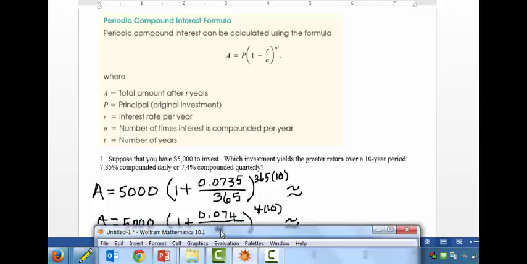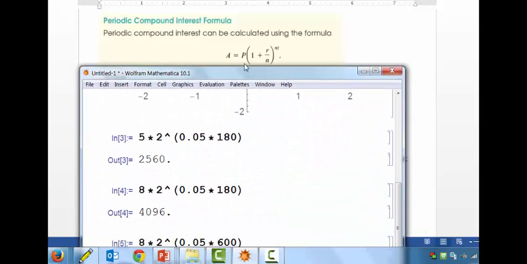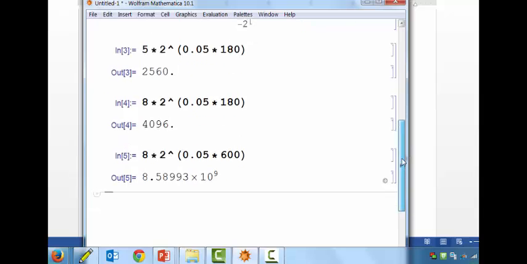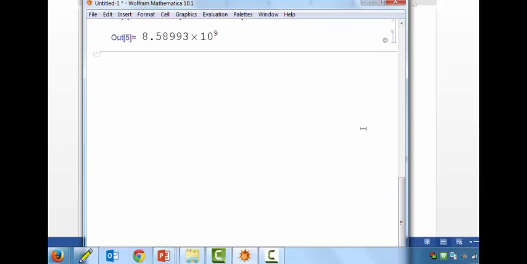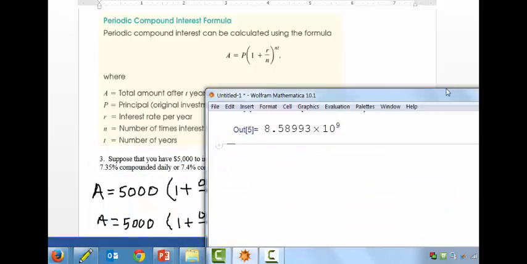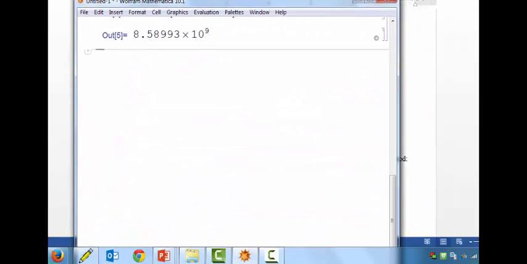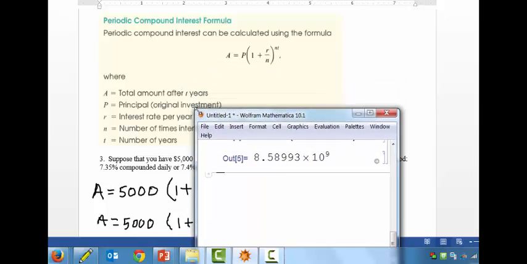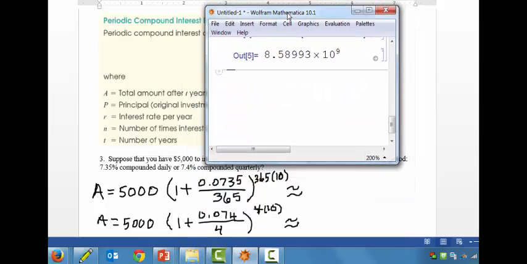Now we're going to run into a problem when we use Mathematica here, and I want to show you what that problem is. So I'm going to plug this in. Let me fit this onto the screen so that we can see what I've written and what I'm entering in.